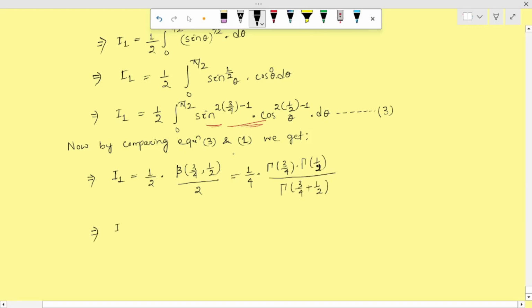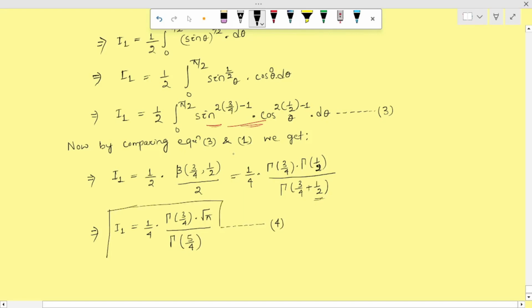Finally, what we can get? 1 by 4, here gamma 3 by 4 I wrote as such. Gamma 1 by 2 is root pi, by this one will be 3 by 4 plus 1 by 2, the value will be 5 by 4, gamma 5 by 4. So this much answer we found. Let this be your equation number 4, right?